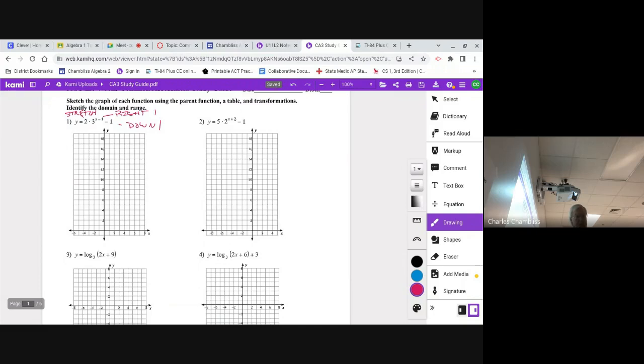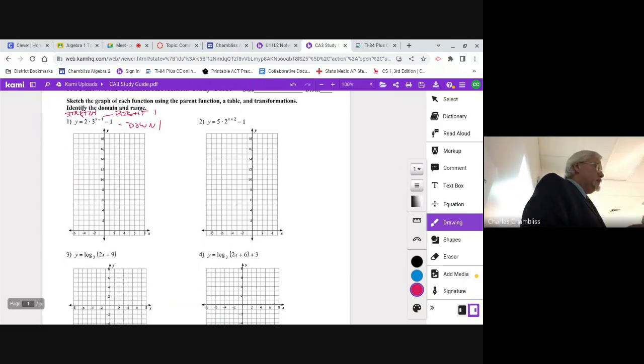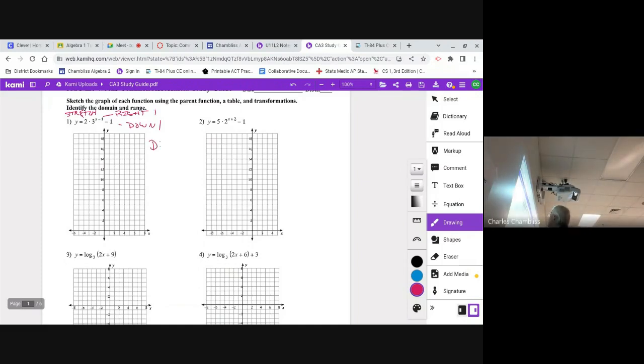Domain for exponential functions is always pretty much everything because you can plug any number in there. The range is going to be from k up. So that's how you would note that.